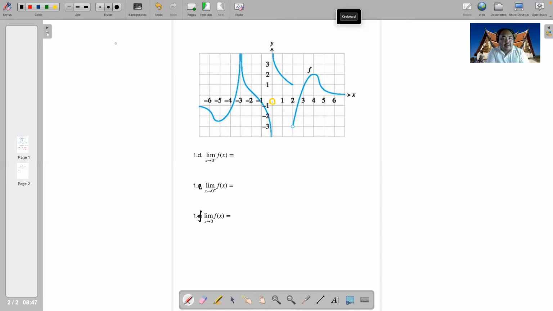By looking at the graph, we can say that as I approach 0 from the left, the function behaves such that it gets values that are larger and larger but negative. You'll be able to see that the function gets larger and larger and larger, but negatively.